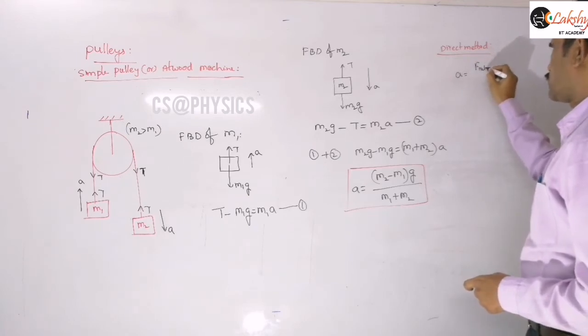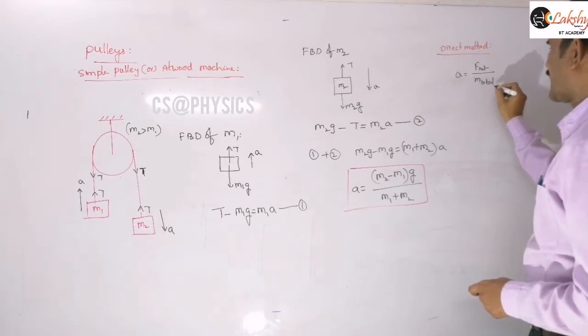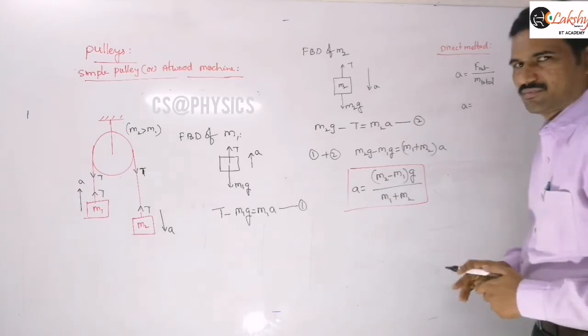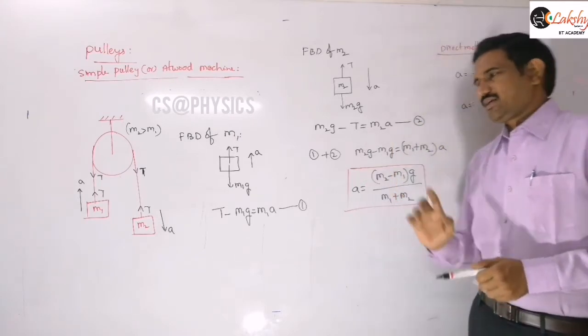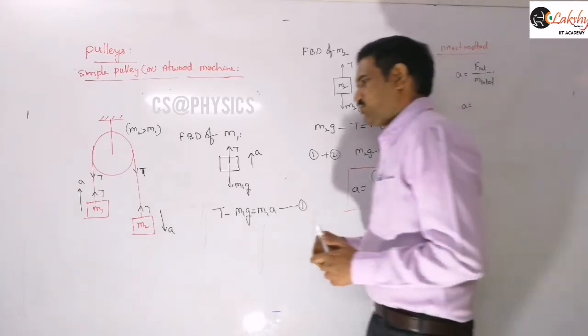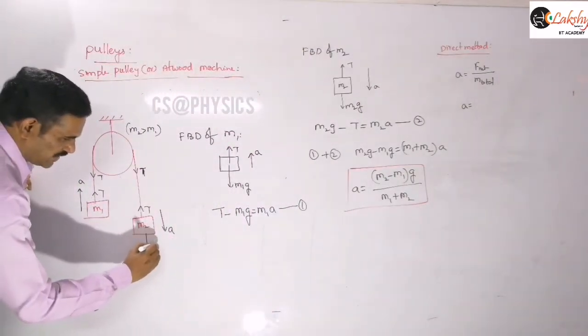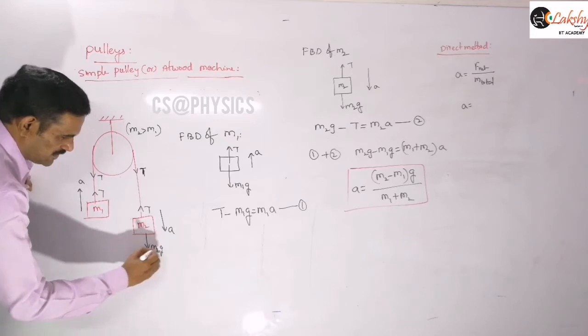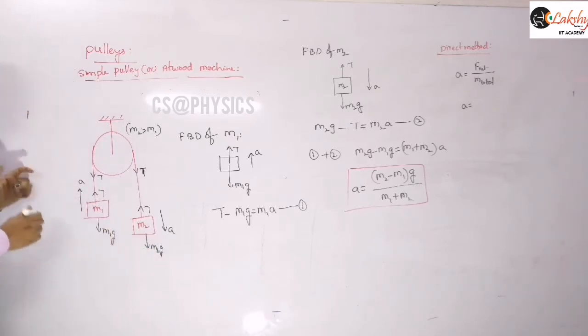the net accelerating force by the total mass in motion. Here we should observe the forces clearly. M2G is acting in the downward direction, and M1G is also acting in the downward direction.